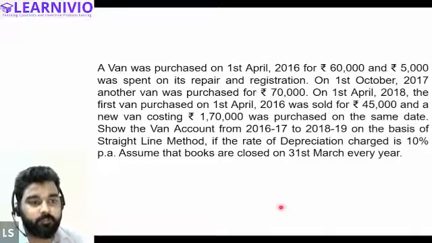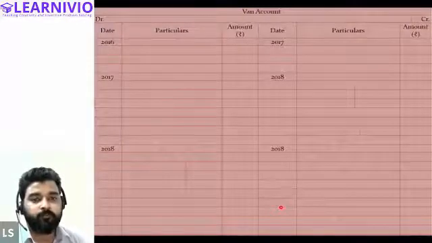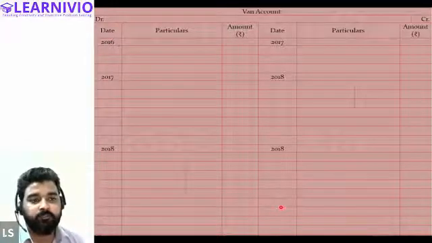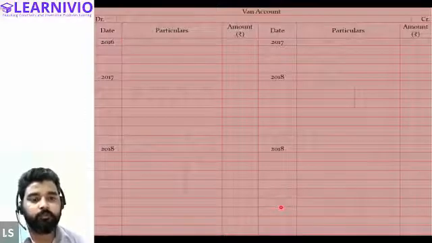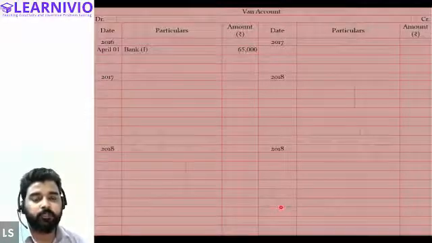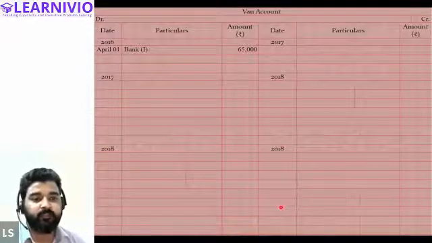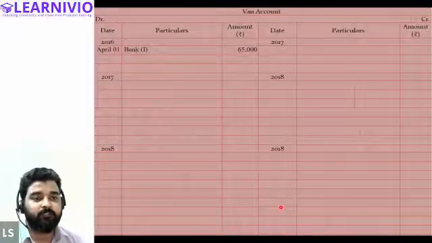All right, let me show you the solution of the question. First of all, we will be preparing the van account for 3 years, 2016-17, 2017-18, and 2018-19. On April 1st, we buy the first van of 65,000. And in this year, we didn't buy any other van.